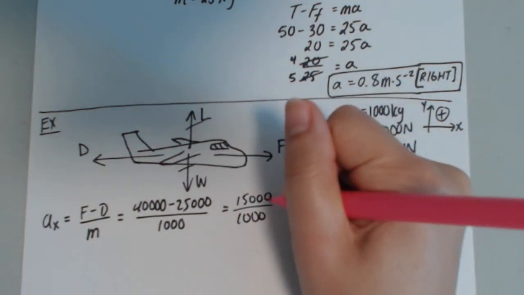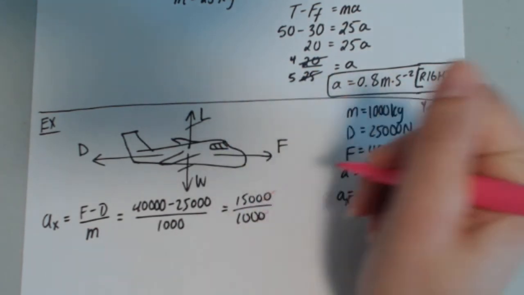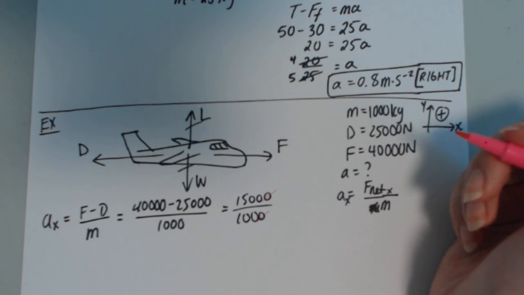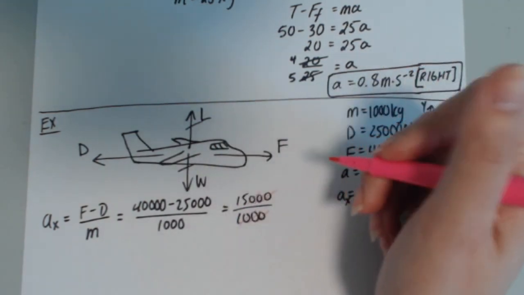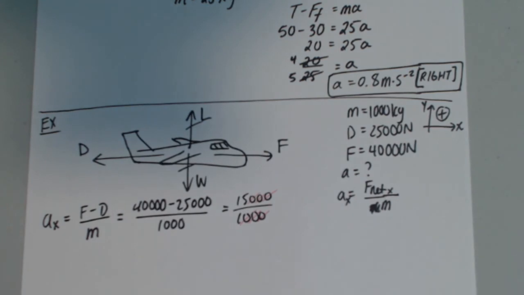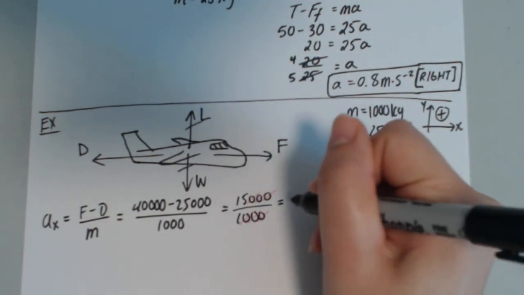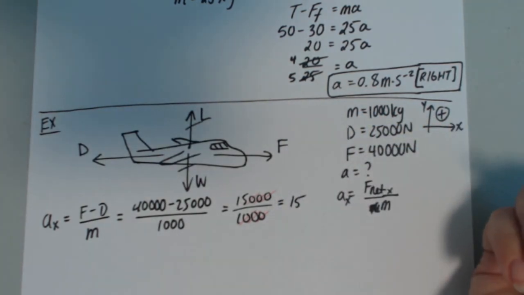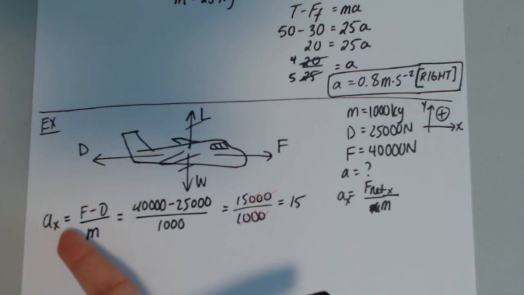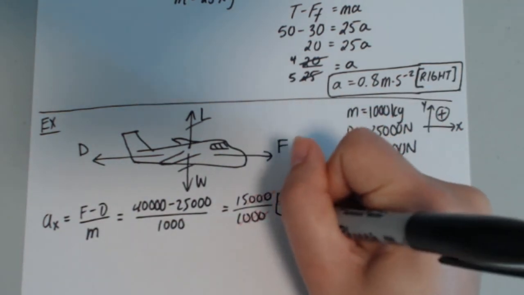If you have a number with a lot of zeros on the top and the bottom, you can cancel out one for one. So one zero from the bottom for one zero on the top. Cancel those and those, and what are you left with? 15 over 1. That's what you would expect: how many thousands go into 15,000? Well, 15 of them.